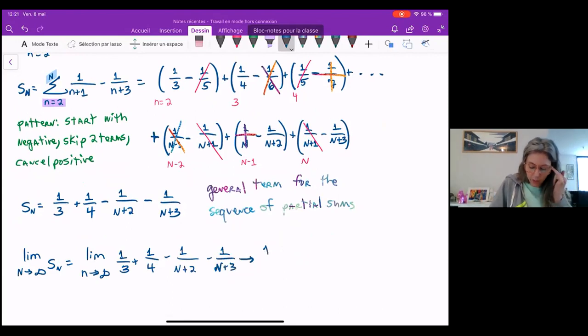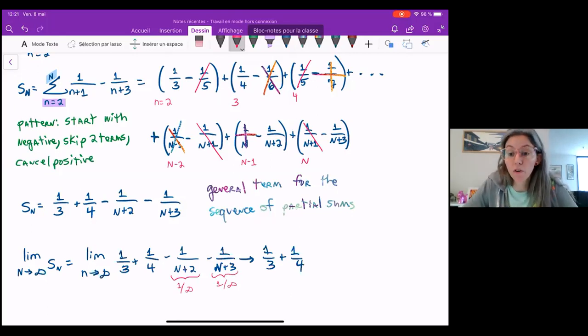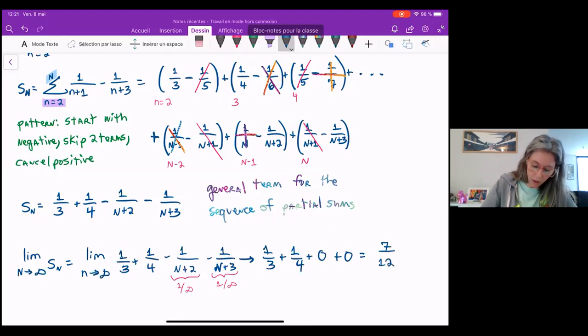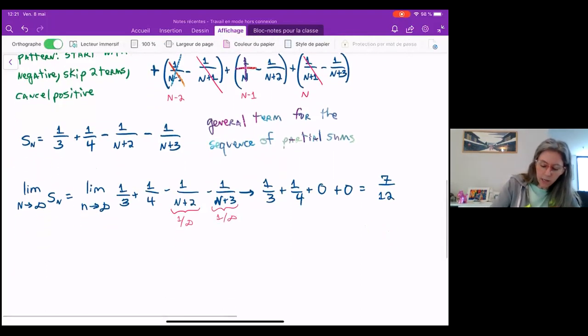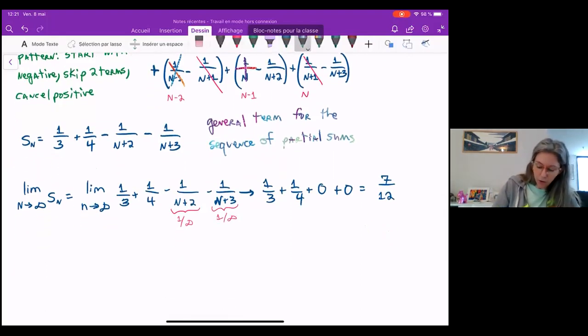And I get that this is going to 1 over 3 plus 1 over 4. Well, this right here is like 1 over infinity. This is also 1 over infinity. And we know that 1 over infinity, that bottom is getting really, really big, is going to 0. So this is like plus 0 plus 0. So this gives me 7 over 12. So then my final answer is that 7 over 12.